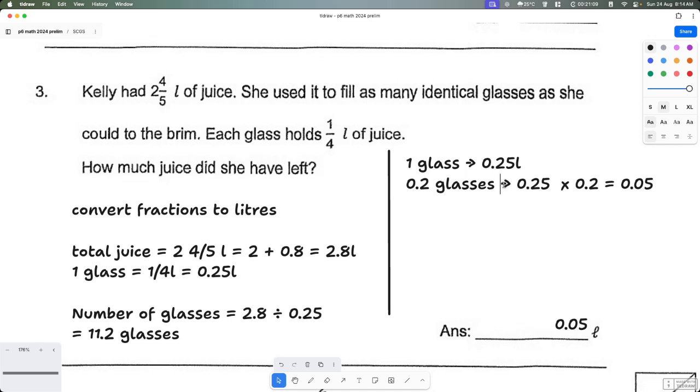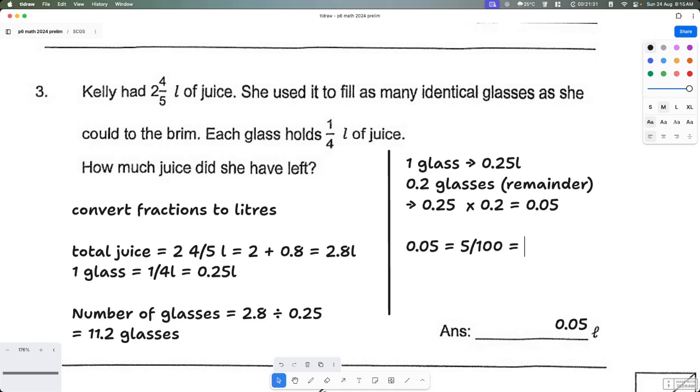So for the remainder, you can put 0.05, or convert to another option. 0.05 is basically 5 out of 100, which in this case is 1 out of 20 liters.